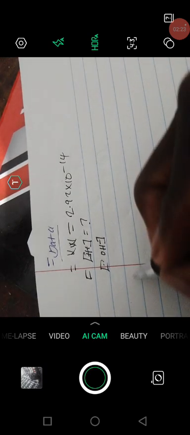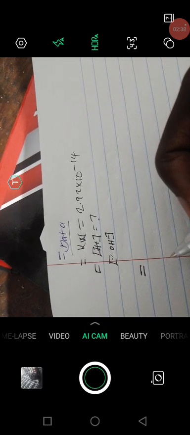So what's going to happen here? First of all, you have to write the expression of Kw, the expression of both hydrogen ion and hydroxide ion, or the self-ionization of water.